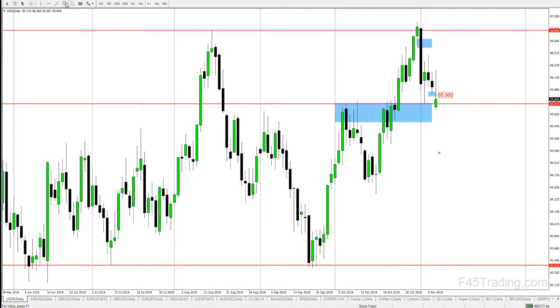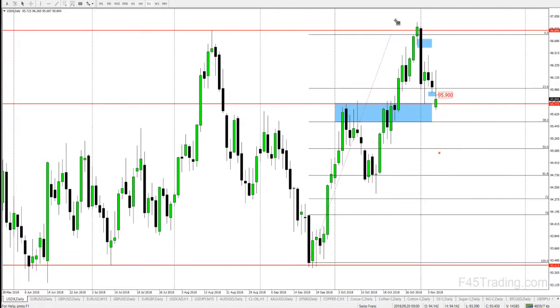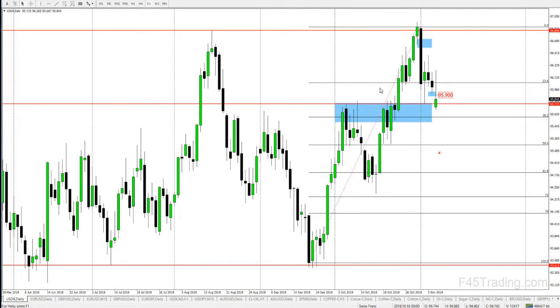If we take a fib and run it from this low to this high, logical retracement areas are obviously going to be 50%, which we've got marked right here. The second one would be about the 72, and then the third one being right about that 79% retracement level. So anywhere at 1, 2, or 3, we could see price return back down to.